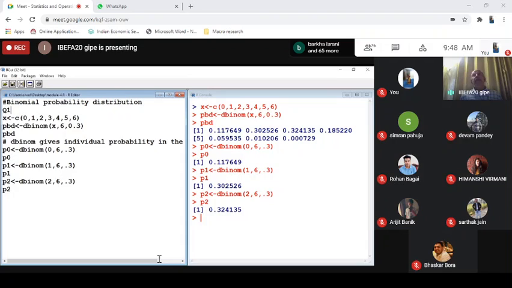I am observing a sample of 6, and my successes are 0, 1, 2, 3, 4, 5, 6, denoted by X. And probability of getting success is 0.3, probability of getting failure 0.7.